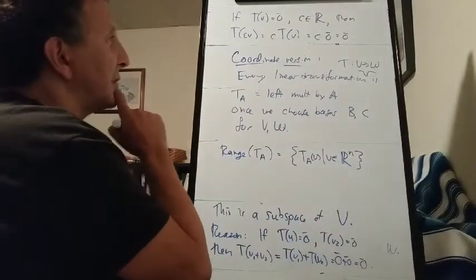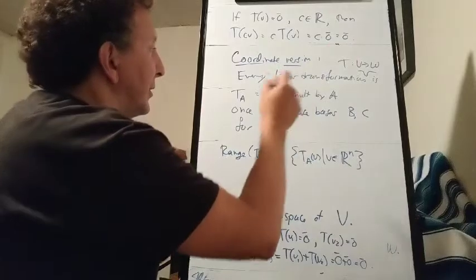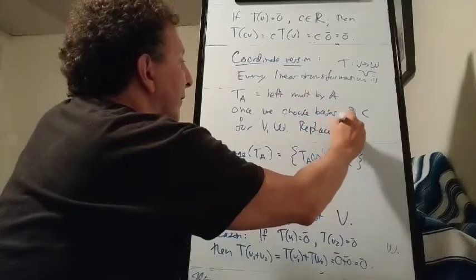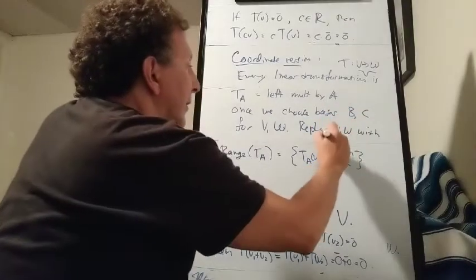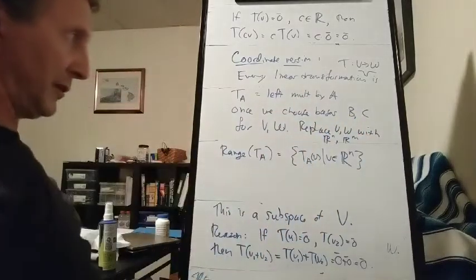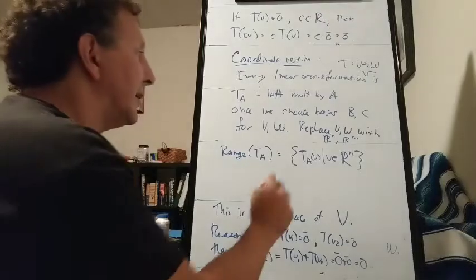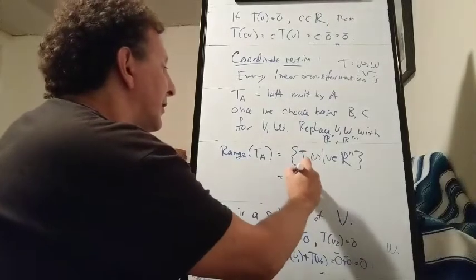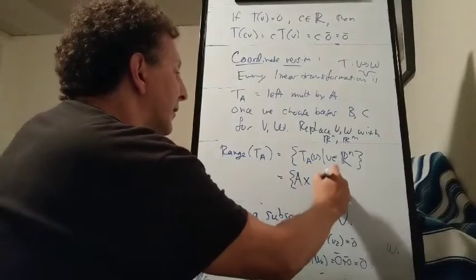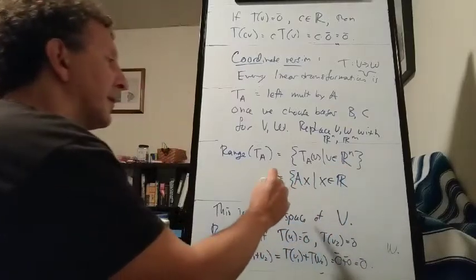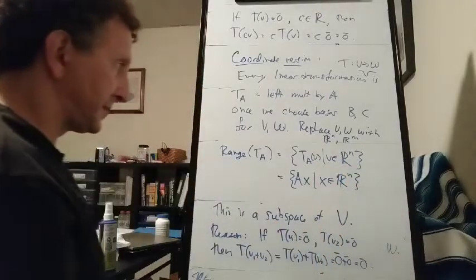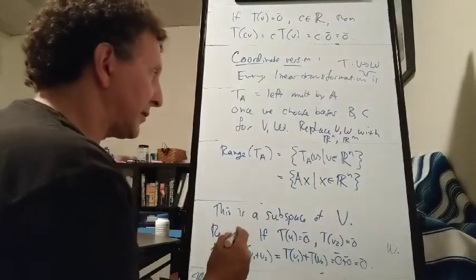So once we pick coordinates, we're going to replace V and W with R^n and R^m, where n and m are the dimensions of V and W. So this is all the expressions of the form Ax, where x is in R^n. x is the coordinate vector of v.